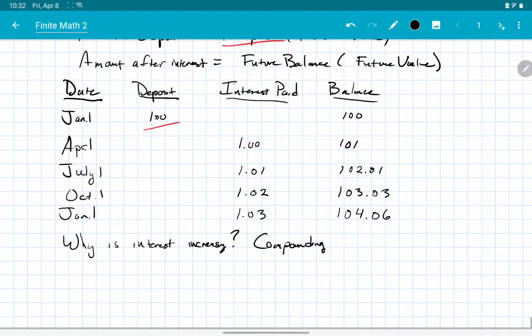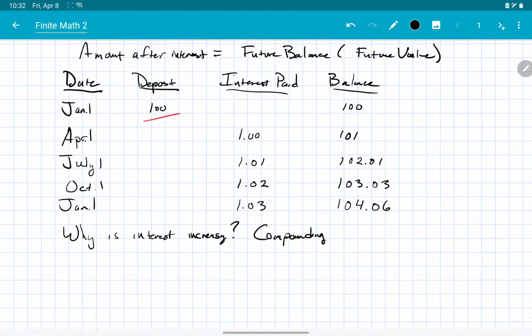Okay. So, in this example, we earn 1% each quarter would be the interest. That's the real interest that's being paid. Each quarter you're going to get 1% of your balance. But that's not how the bank is going to tell you what the rate is.